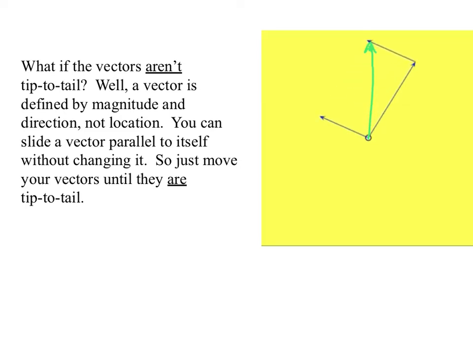We haven't changed anything by sliding the vector because it still points in the same direction. These two vectors, this one and this one, point in the same direction. I know that because I moved it parallel to itself, and it is the same length because I drew it that way. This is sometimes called the parallelogram rule, because we're making two sides of a parallelogram and then saying the vector is the diagonal.